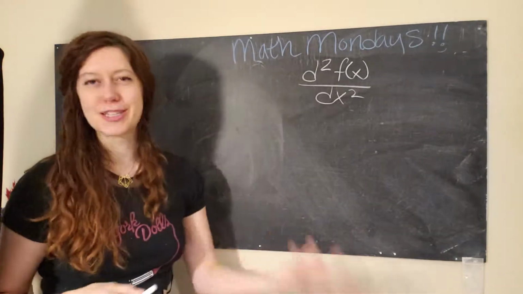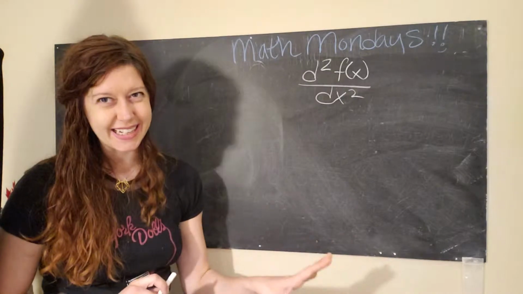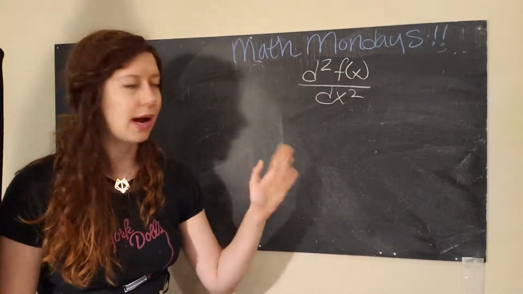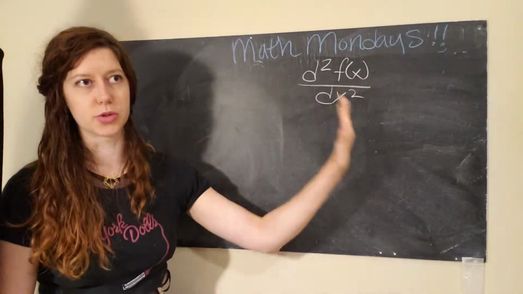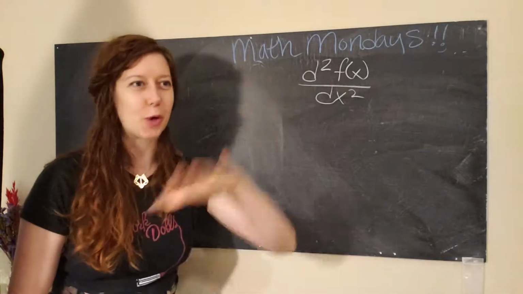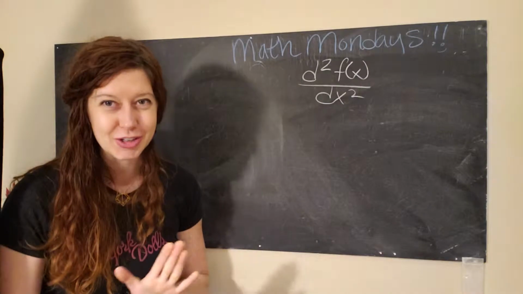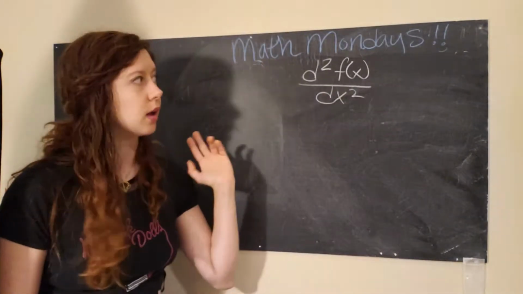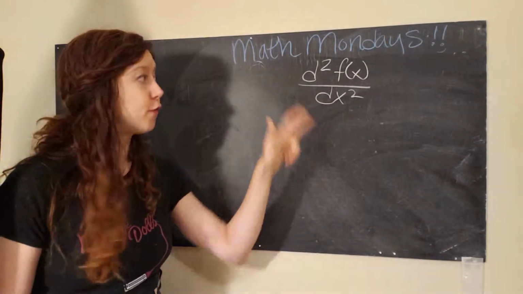There are different symbols. Sometimes the symbols mean the same thing, and that can be very confusing, especially if you're just getting introduced to it. So I will try to be very clear about what the different symbols are and what they mean. And then I'll let you pick, going forth in your math adventures, what type of notation you really like. So this is the Leibniz notation for a second order derivative, full derivative.